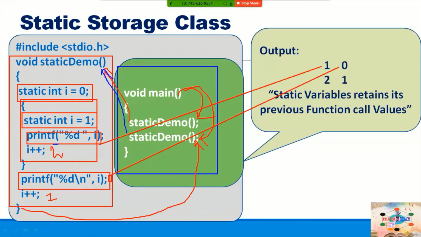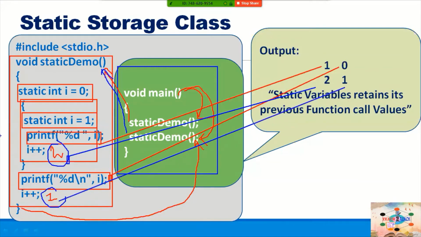What are those values retained? i value 2 and i value 1: inner block 2, outer block 1. With the help of the printf statements, it will display these two values. You can see in the output, this is 2, and from here it will display 1.